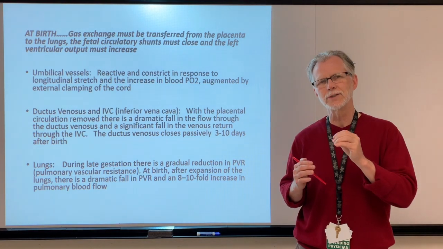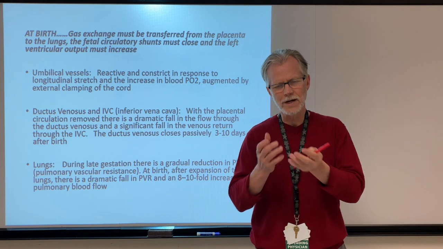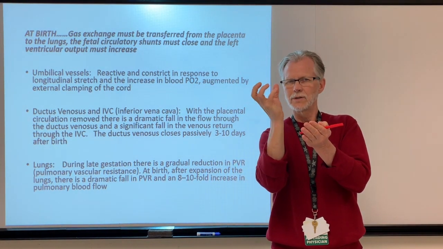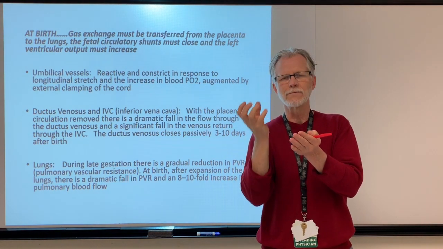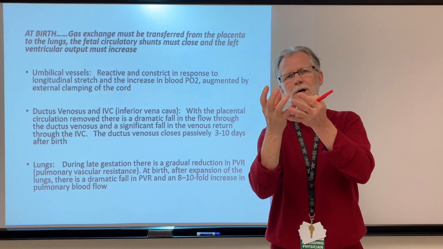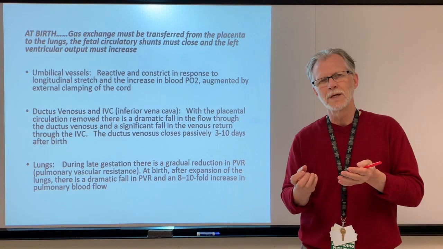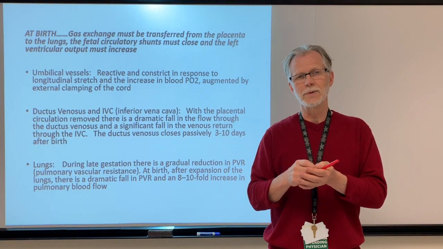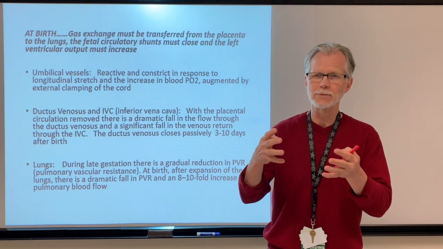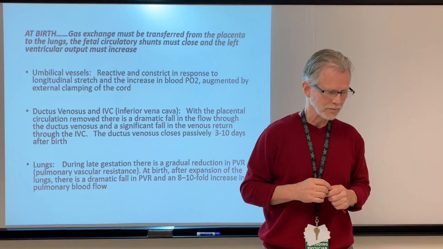In your embryology texts, it looks like it enters into the superior vena cava, but in fact, the bottom part of the right atrium has multiple entries from multiple veins. The hepatic veins enter into the bottom of the right atrium, the IVC enters into the bottom of the right atrium, and the ductus venosus enters right into the bottom of the right atrium. They don't enter into the IVC before it reaches the right atrium. That's just an artist's conception.